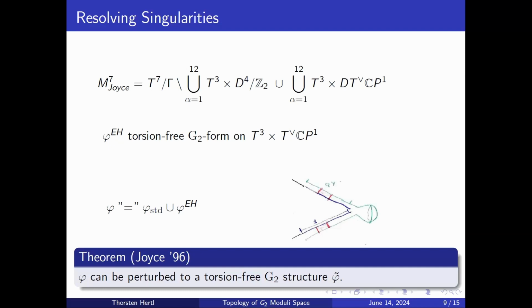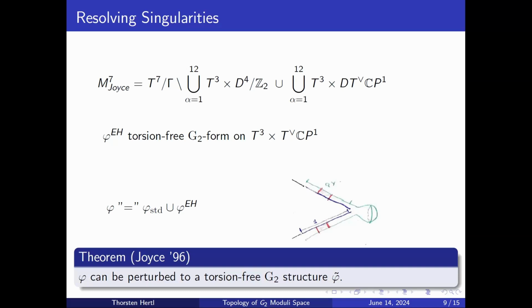The reason why we use this cotangent bundle of CP^1 is, first of all, that it has the right boundary, that's good. But the nice thing about it is that it is a hyperkähler manifold. Sometimes it's referred to as the Eguchi-Hanson space because it carries a complete hyperkähler metric that is asymptotically locally Euclidean.